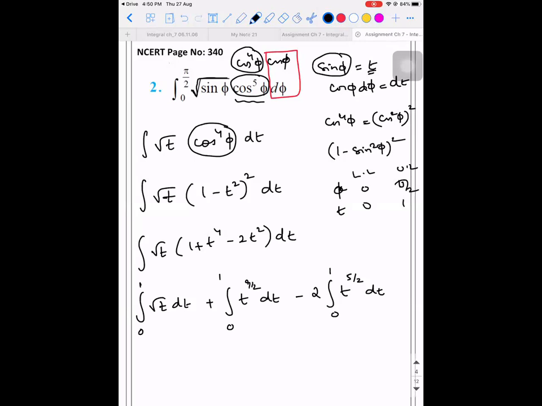Did you guys understand why I took only sin phi as t? The reason for taking sin phi as t is the square root. Had it not been there, you could take cos phi itself as t. Then the problem would have been even simpler. Okay.